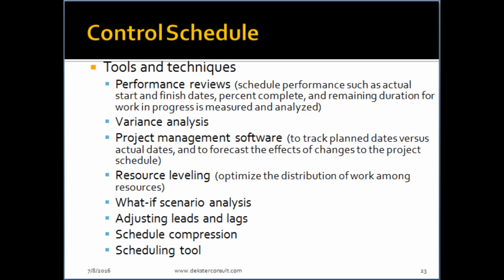We could employ resource leveling, optimizing the distribution of work among resources. What about what if scenarios? What if? A key question to always ask on projects. Adjusting leads and lags. Could use schedule compression tools. And then again, when we have it, an automated scheduling tool could be used to control our schedule.